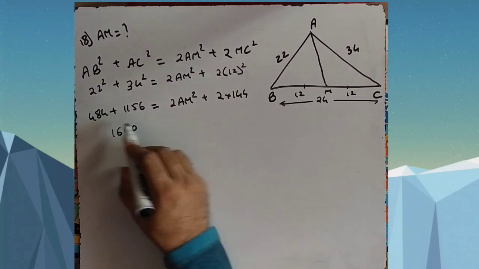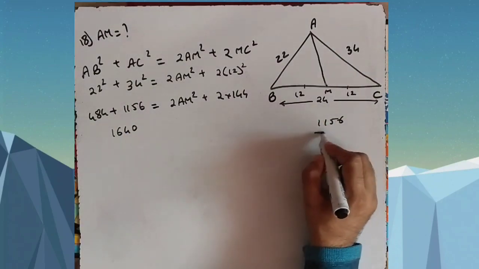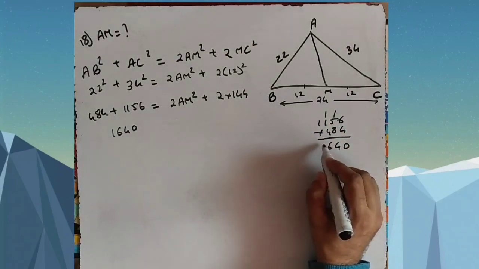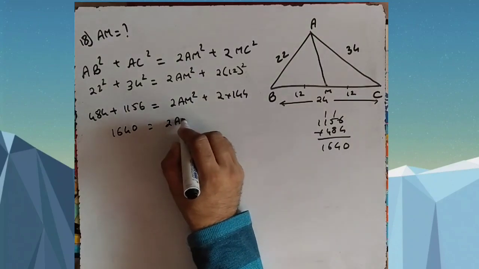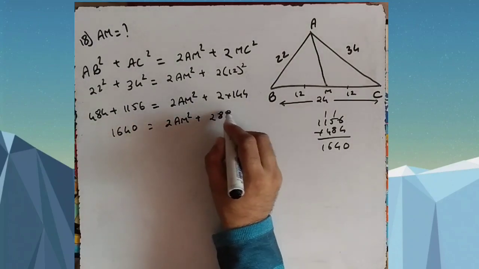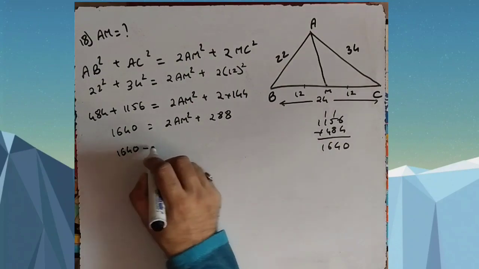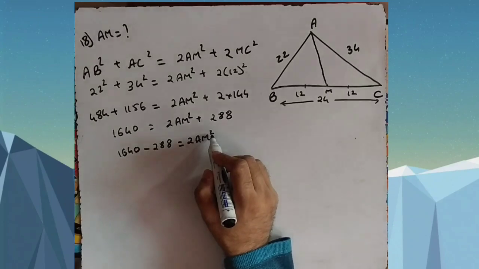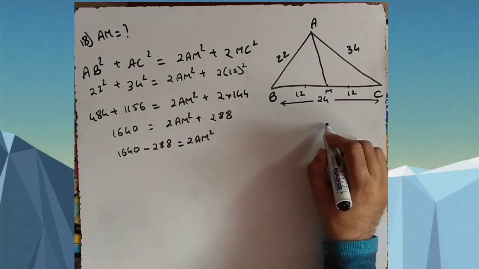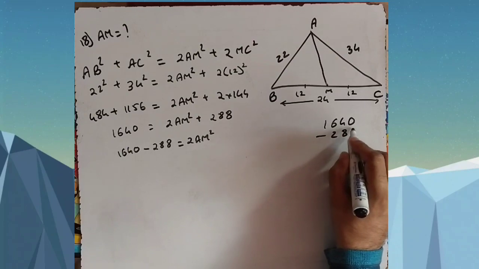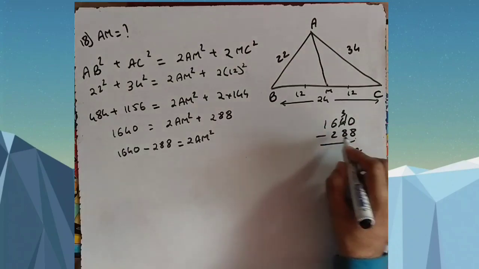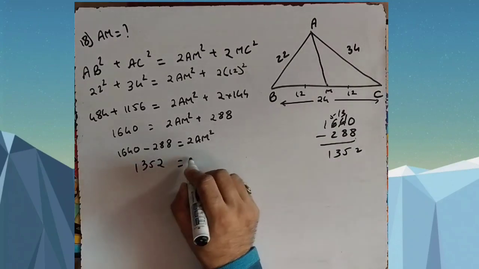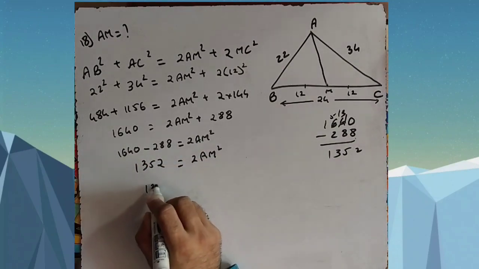Adding 1156 and 484 gives you 1640 is equal to 2AM square plus 288. 1640 minus 288 is equal to 2AM square. Let us subtract this, 1352 is equal to 2AM square.